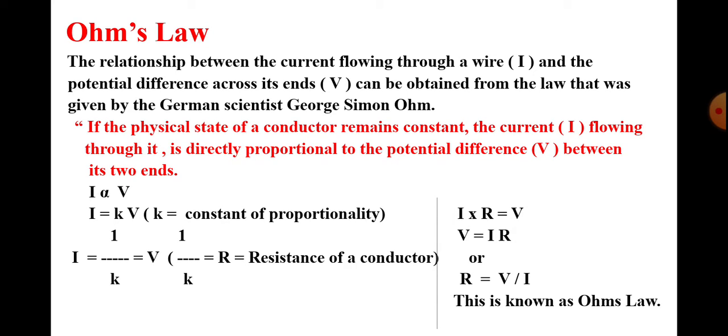Therefore, I is equal to 1 by k into V. Here 1 by k is equal to R, that is the resistance of a conductor. So we can write I into resistance is equal to V. Therefore V is equal to IR, or we can write R is equal to V upon I. This is known as Ohm's law.